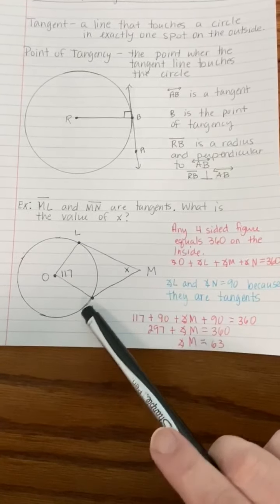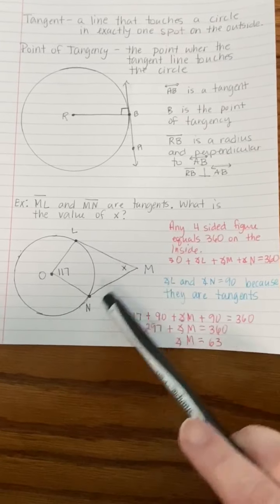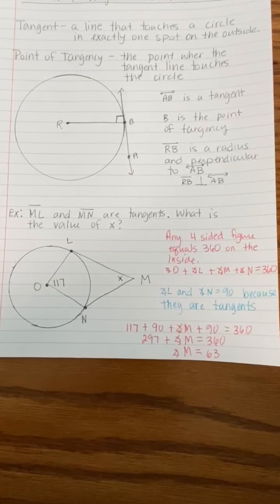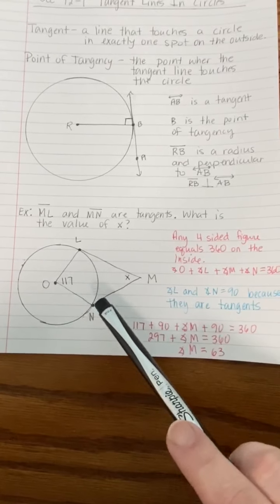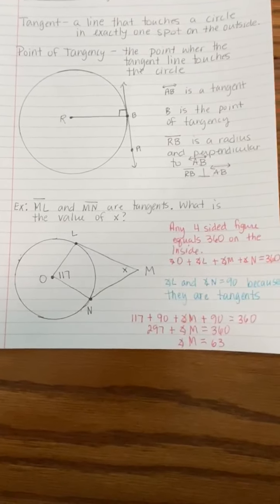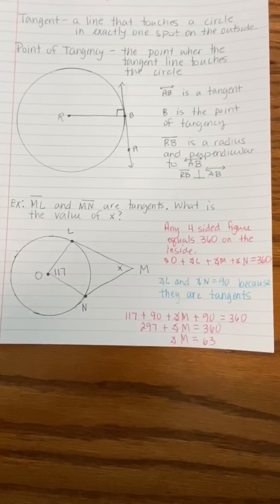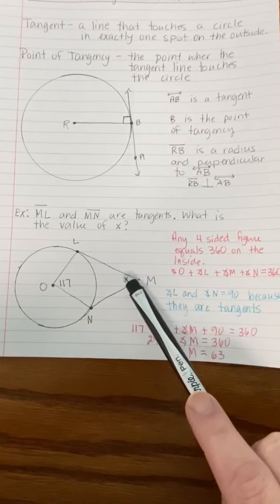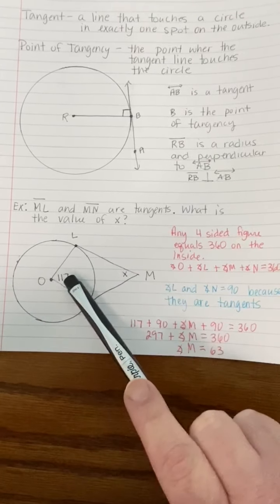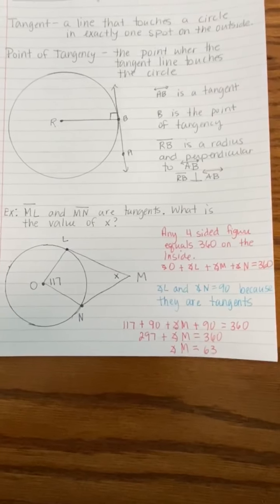They're only touching the circle on one spot, even though I didn't draw it that well. And because those are tangents, even though they're not marked, I know that there are right angles right here. That's going to help us in a second. It wants me to find the value of X, and they tell me that this angle is 117.